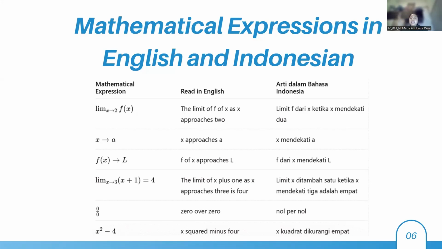And 0 over 0 is read as 0 over 0. Remember, guys. For the other expressions on the screen, pay attention to the table and practice reading them by yourself, okay? This practice is important because in English for mathematics, we need to understand both the concept and how to pronounce the mathematical expressions correctly.